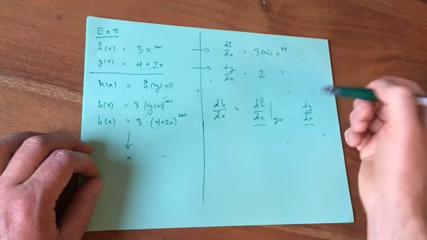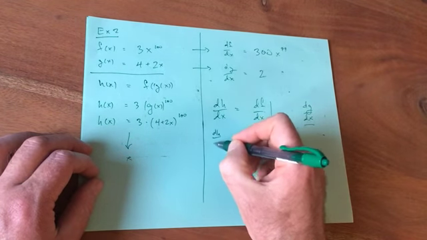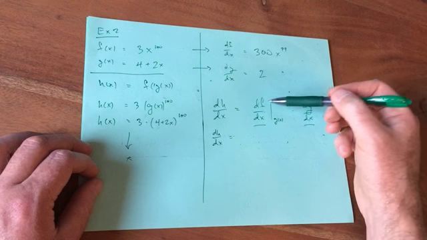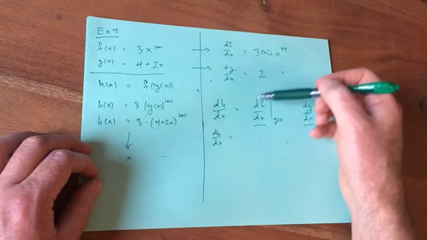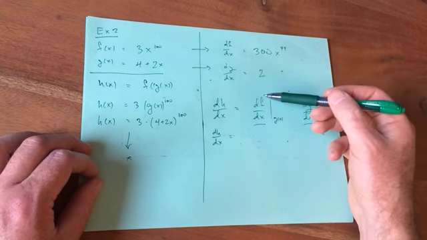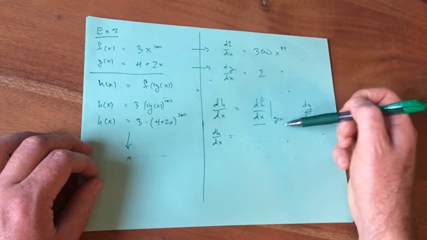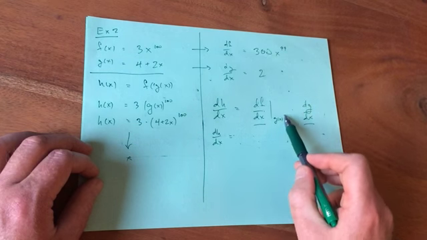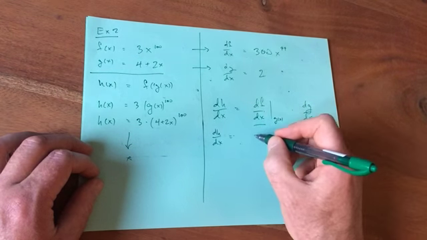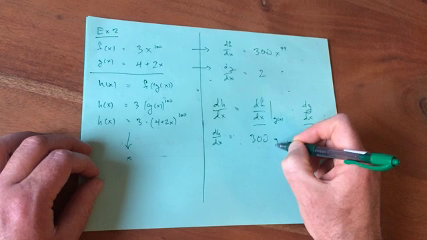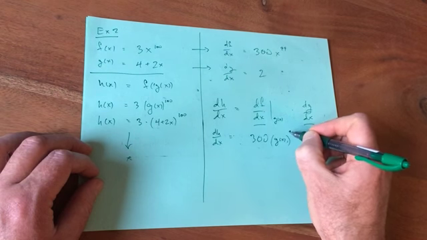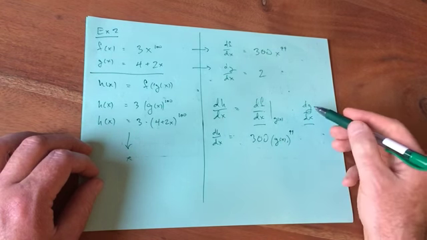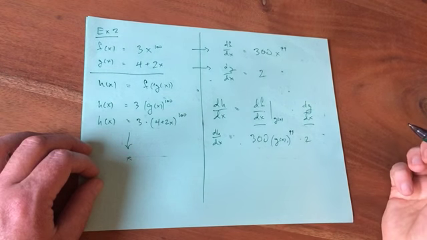Great. Now I can plug these things in and get dh/dx is equal to df/dx. This function, which is the derivative of f, is going to be applied to the argument g. So instead of 300x to the 99, it's 300 g to the 99. So 300 g of x to the 99 times dg/dx, which is, again, just 2.